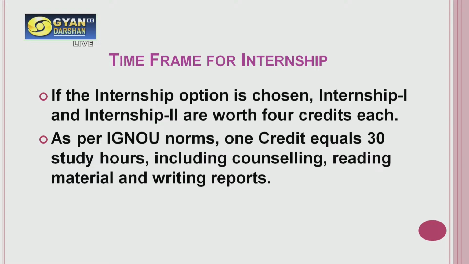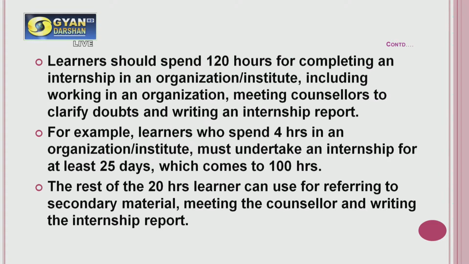Now the time frame to do the internship. If you have chosen internship as an option, it is 4 credits. As per IGNOU norms, 1 credit is equal to 30 study hours, including counseling, reading material, and writing reports. So learners should spend at least 120 hours completing the internship in an organization or institute, including working in the organization, meeting a counselor to clarify doubts, and writing an internship report.